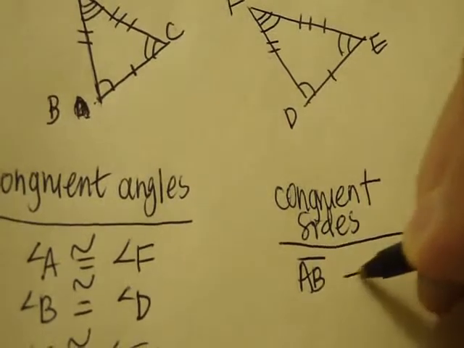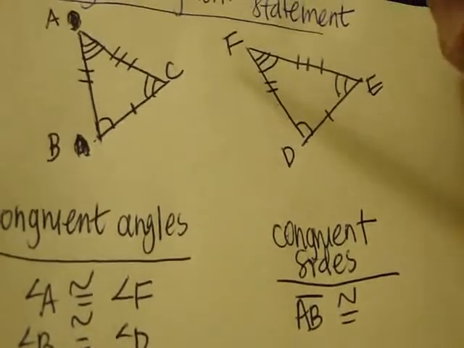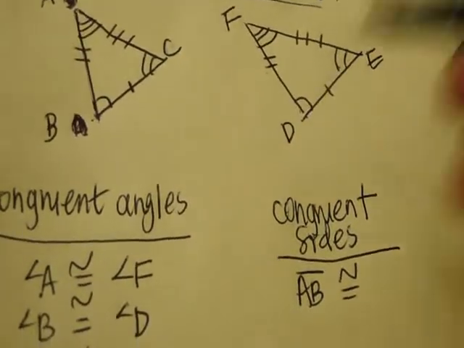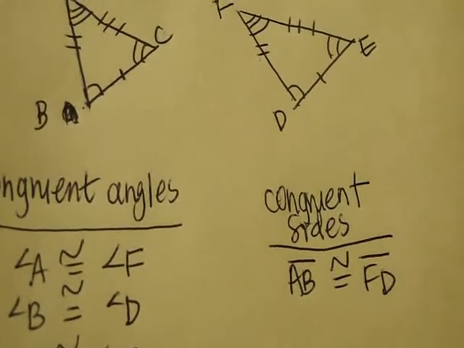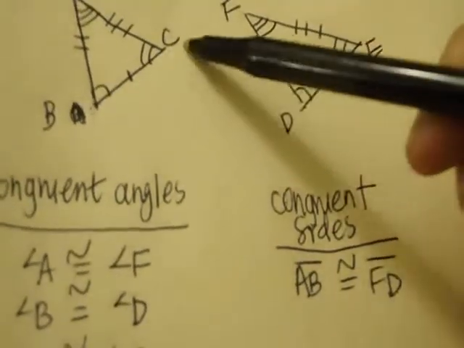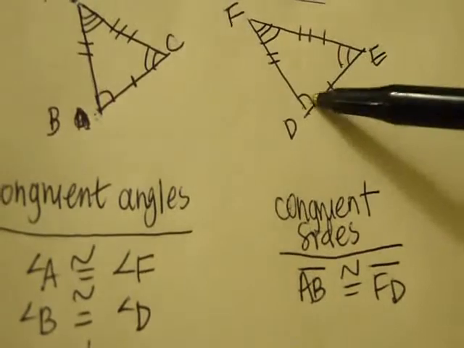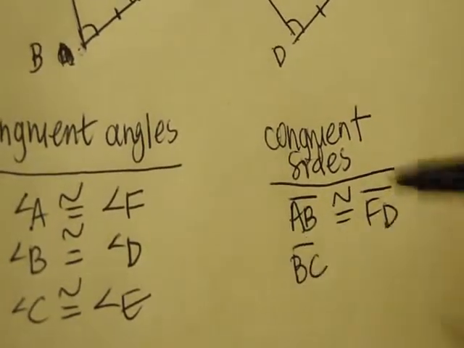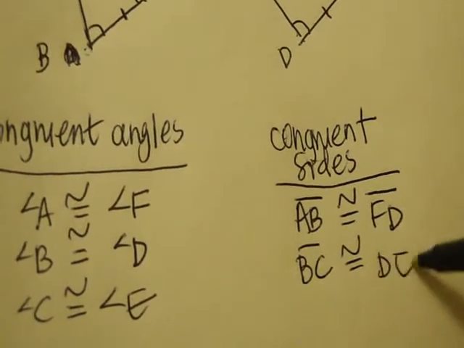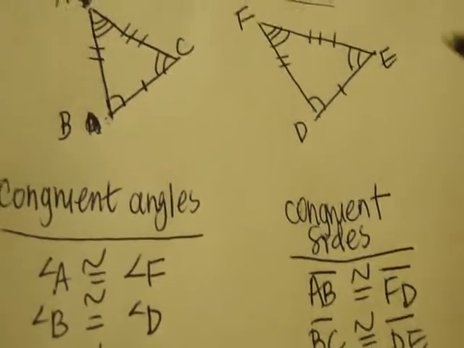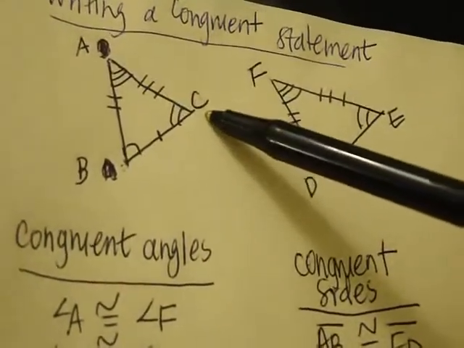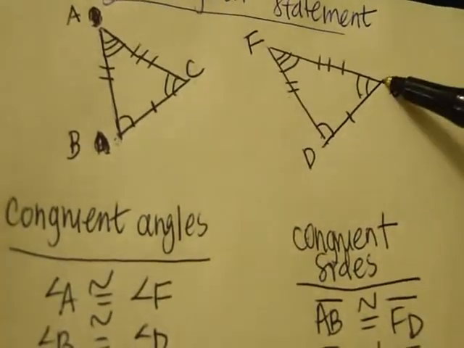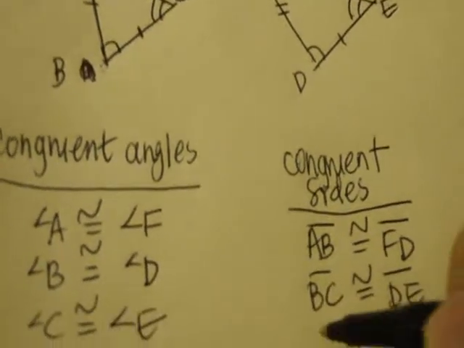So side AB is congruent to side FD. Side BC is congruent to side DE. And side CA is congruent to side EF.